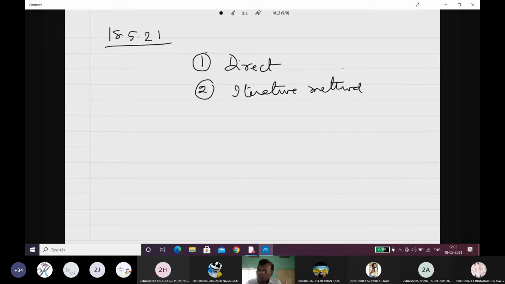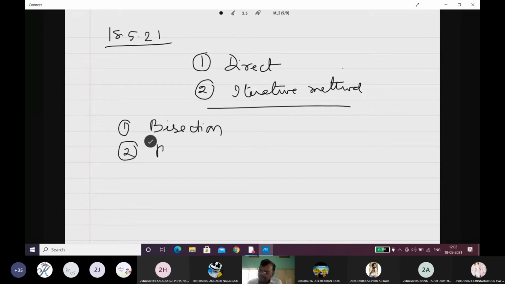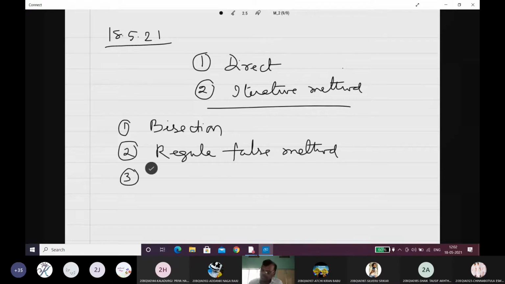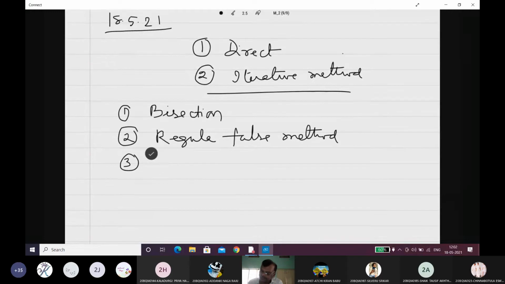In this, we study four types of methods. One is the bisection method, and the second one is the regula falsi method, and the third one is successive approximation, or simply the iteration method, or iterative method.